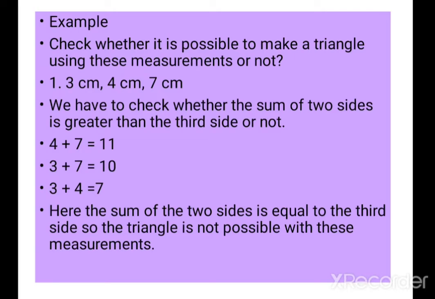Here, the sum of two sides is equal to the third side. So, a triangle is not possible. As you can see, 7 is in the third answer and there is a 7 centimeter side also. So, it is not possible to make a triangle with these sides.